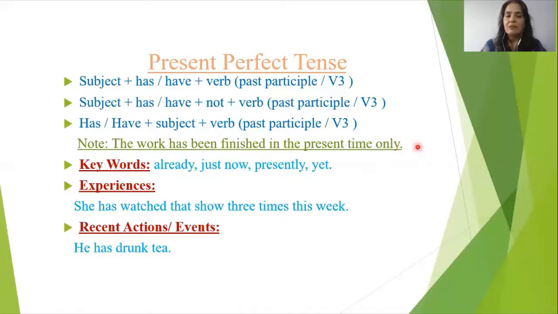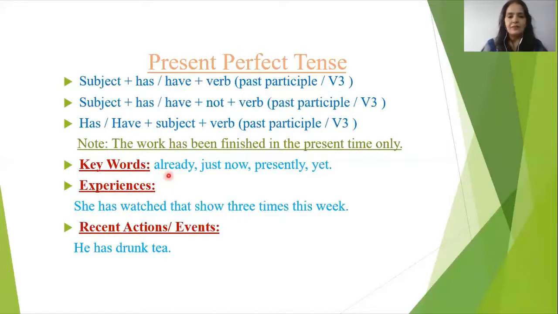If work has been finished, you can say this is the past time, past tense. If the work is done, work is finished. But here the main important point is the work has been finished just now. It means in present time only, not a long time before. And which particular keywords will help us to understand it? How will you recognize whether the sentence is correct or not?